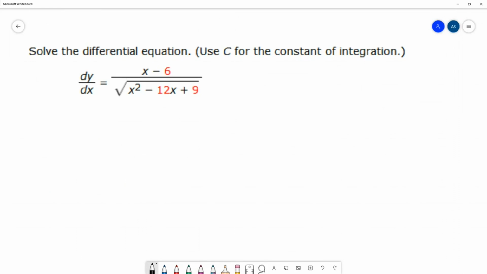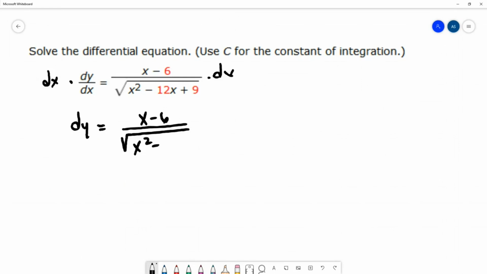So in order to solve this differential equation, we want to figure out what y is. So what I'm going to do is separate the variables by multiplying by dx on both sides. So that gives dy equals (x minus 6) over the square root of x squared minus 12x plus 9.